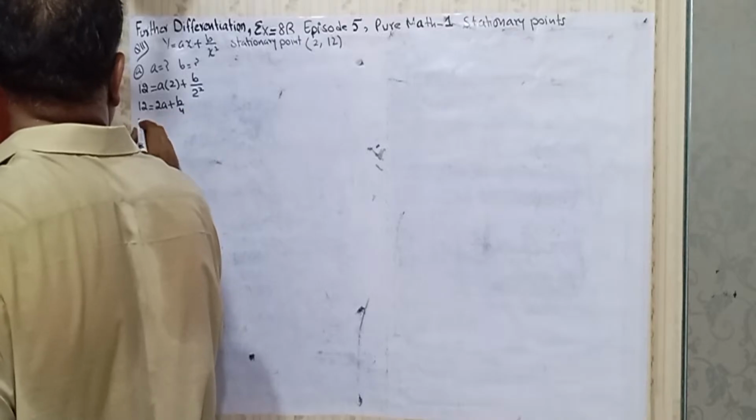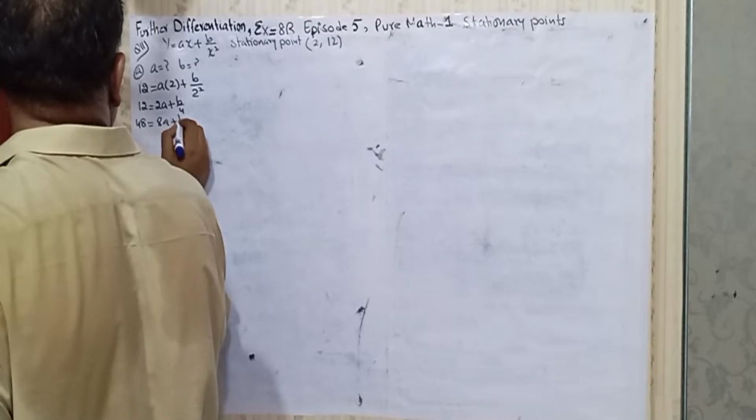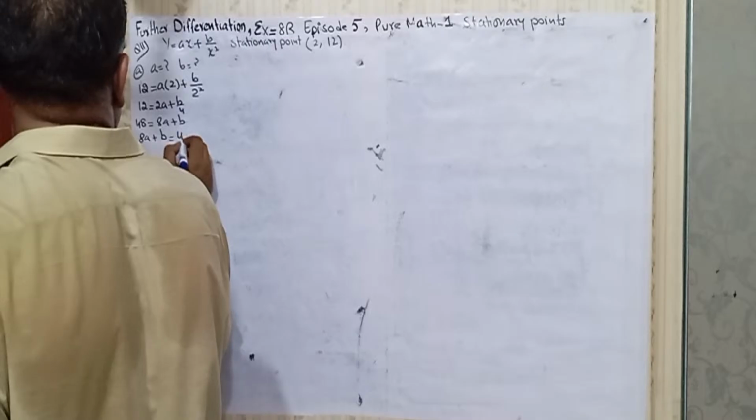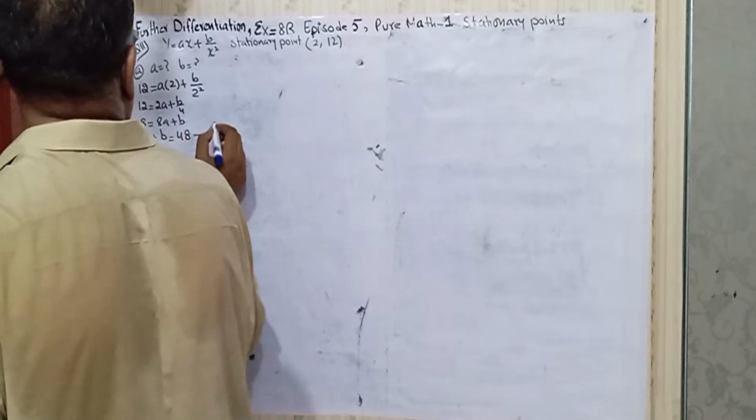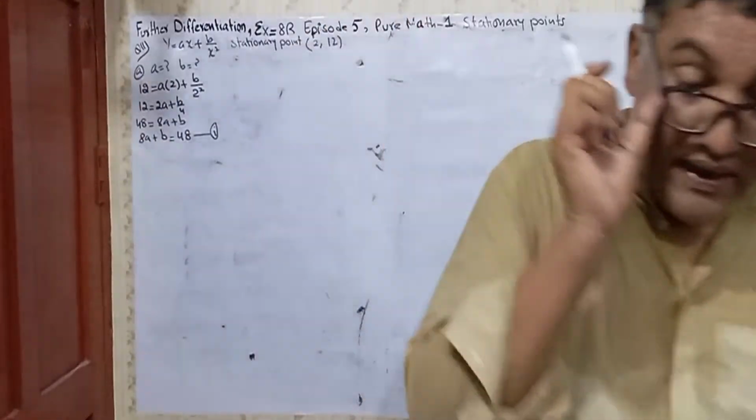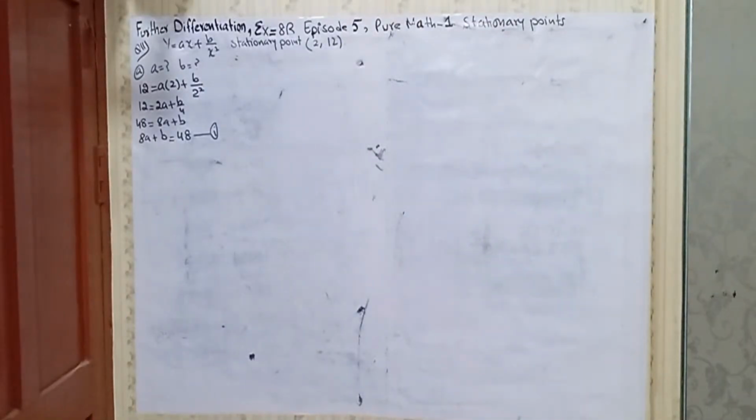Multiply everything by 4, and you get 48 equals 8a plus b. So 8a plus b equals 48. This is my first equation in a and b.